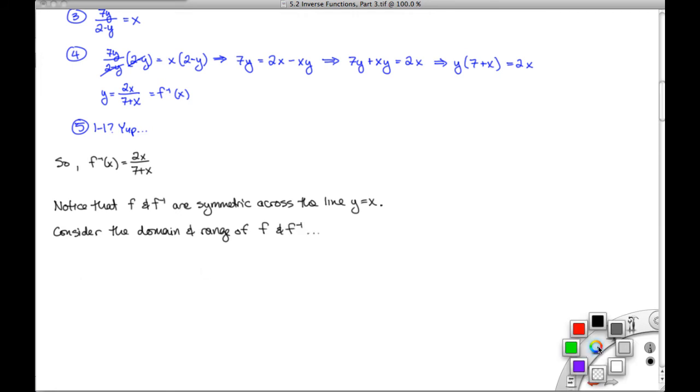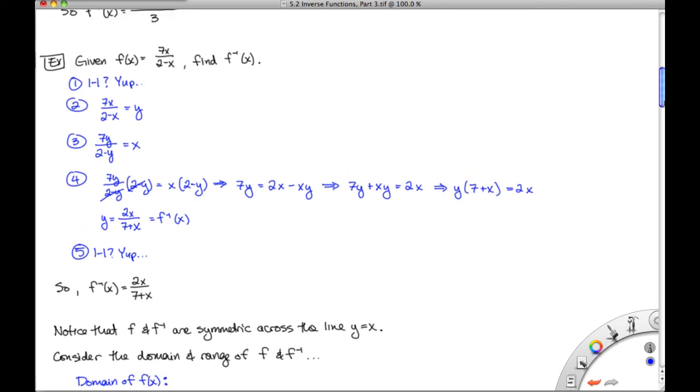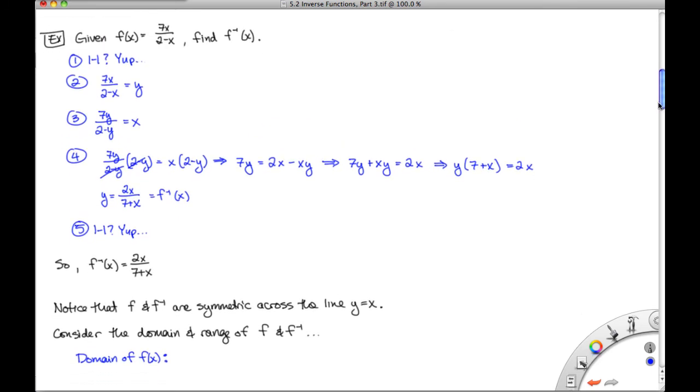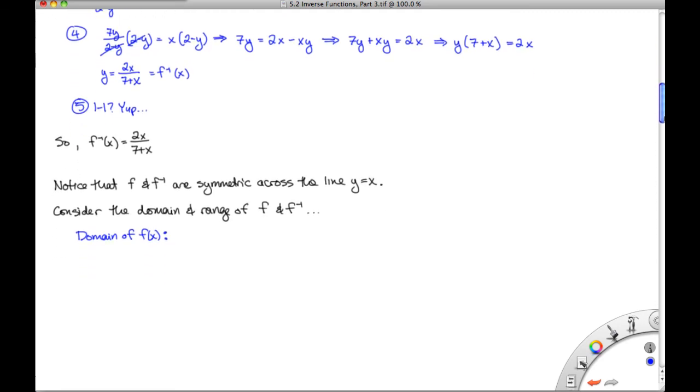So let's look at the domain of f of x in this case. If we go back and look at f of x, which was 7x divided by 2 minus x, this is a rational function, and if we think about this closely enough, we realize that 2 is not going to be in our domain because 2 is going to be a vertical asymptote.